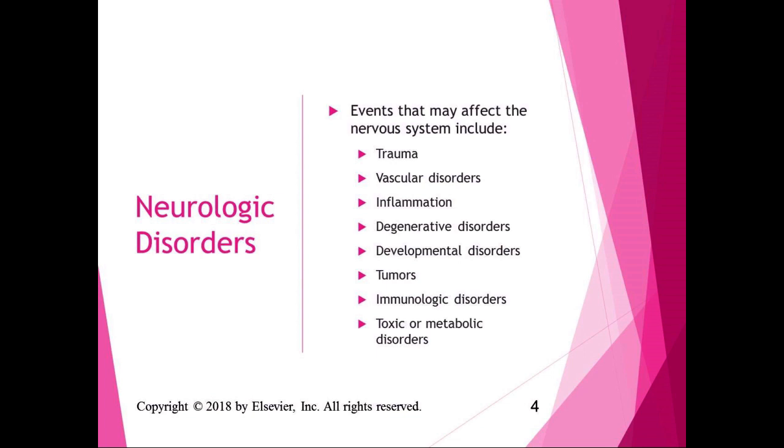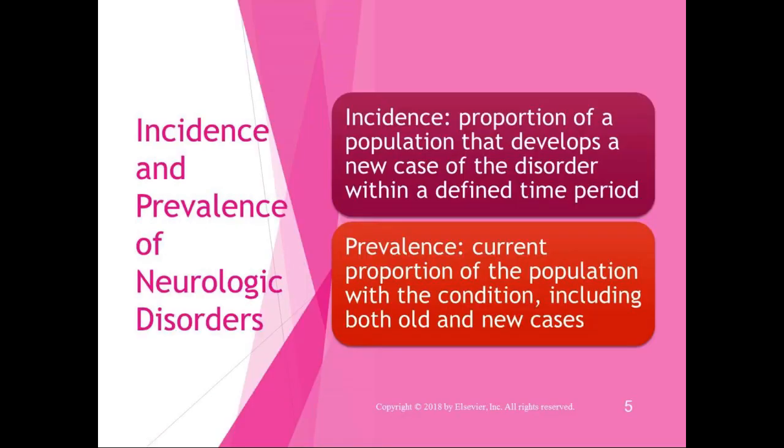Myasthenia gravis is an autoimmune disorder where the immune system attacks the acetylcholine receptors at the neuromuscular junction. A lot of other disorders have an autoimmune aspect, such as multiple sclerosis and Guillain-Barré. Those all have autoimmune aspects to them. Toxic or metabolic disorders, such as diabetes, which causes peripheral neuropathy, that is a toxic or metabolic disorder that can affect the nervous system.